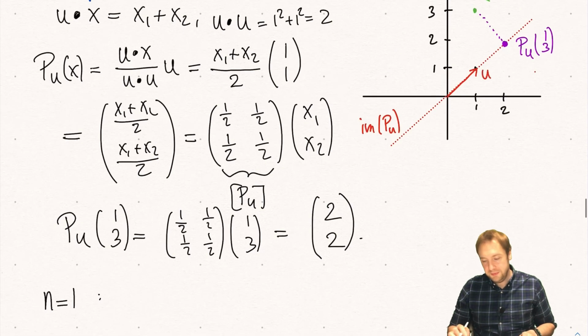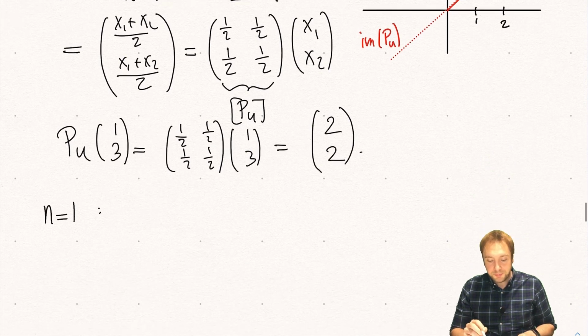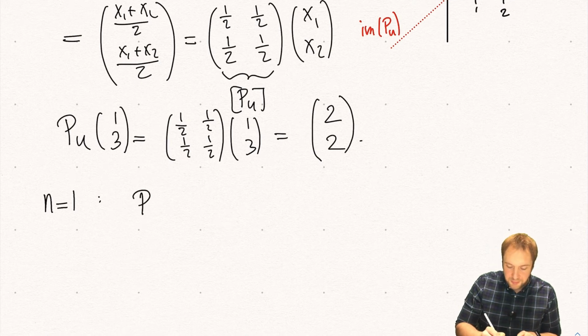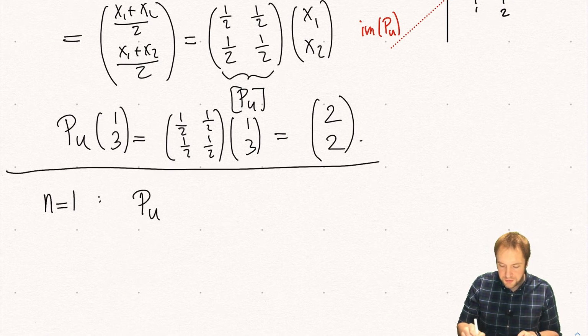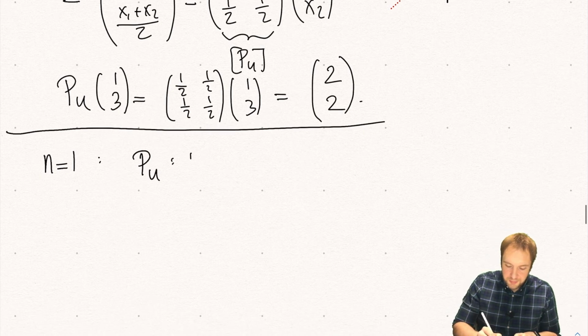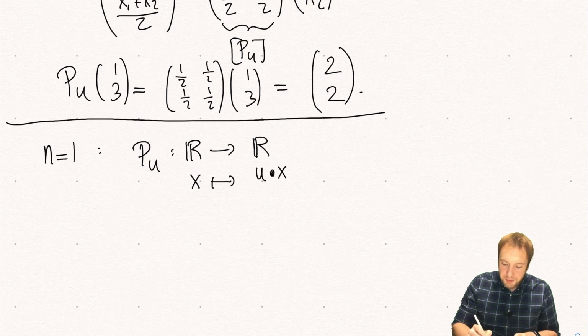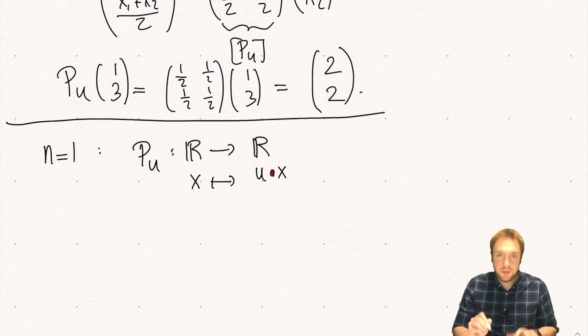In this case, everything is a little bit boring, because in the case n equals 1, everything is just a number. So in the case n equals 1, so we finish the example here, this is just a map from R to R, sending the number x to u dot product x. But if u and x are elements in R^1, then the dot product is just the usual multiplication of numbers.